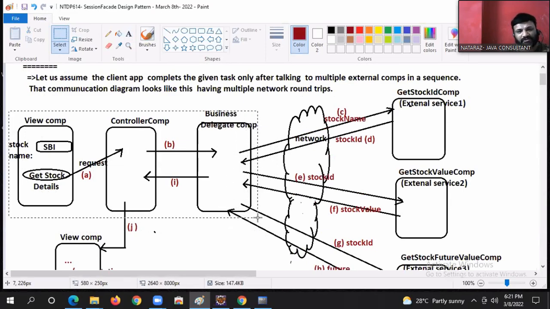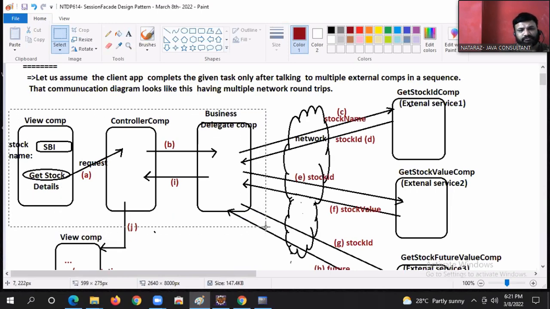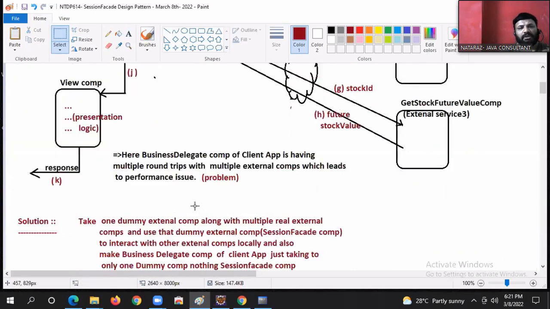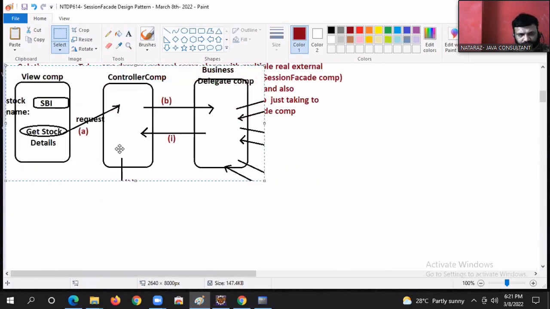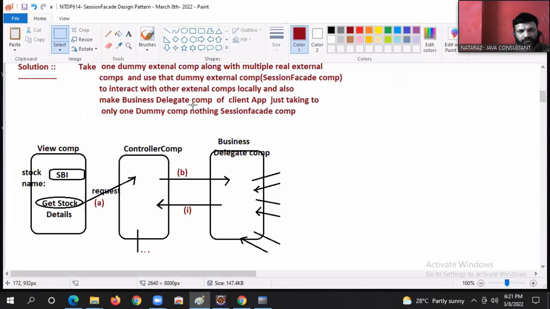Super, boss. Yes, we are taking the business component, guys.